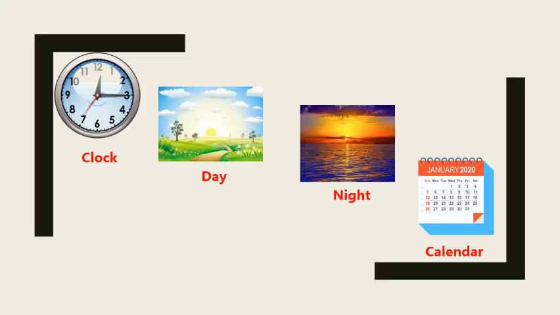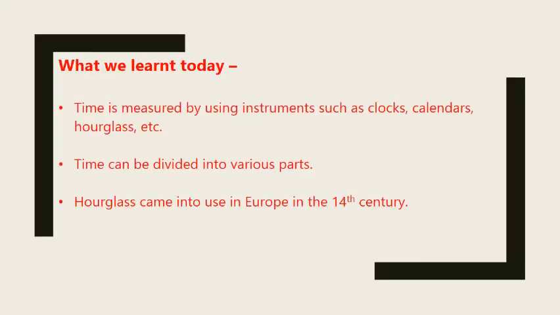So here the explanation part is done, children. Now let us have a quick recap of what we have learnt. Time is measured by using instruments such as water clocks, calendars, hourglass, etc. Time can be divided into various parts.